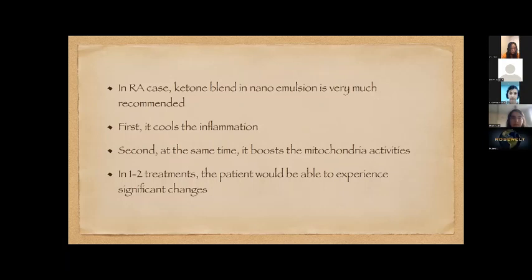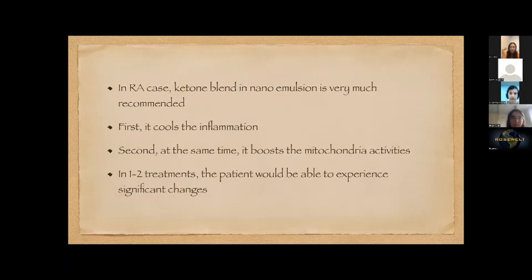In 1 to 2 treatments, the patient would be able to experience significant changes. So why use ketone? Because it can cool the inflammation and at the same time boost the mitochondrial activity.